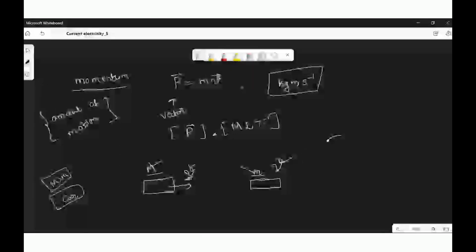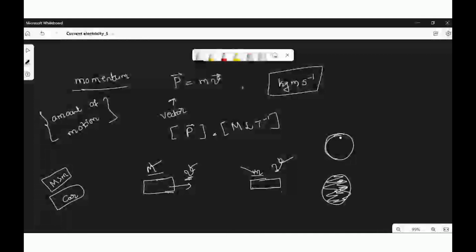For example, you can imagine just one wheel or some circular disc. Let us say both are of the same mass, but this one is moving with speed 2v and this one is moving with speed 0.5v. Now if I want to bring it to rest, which requires more force?